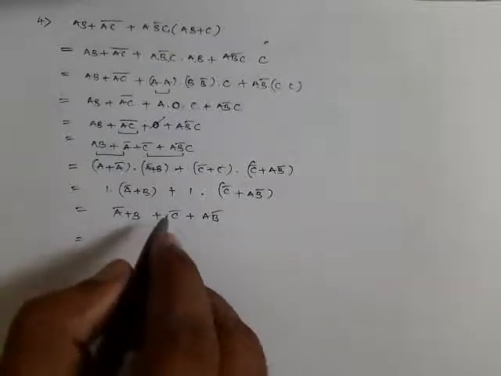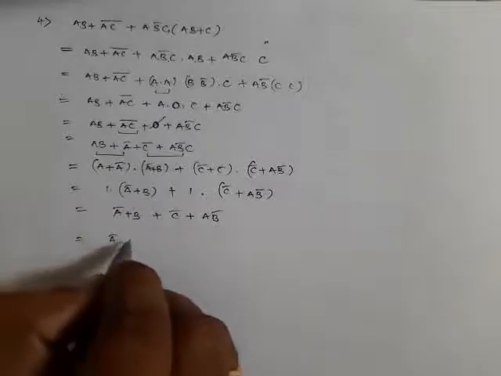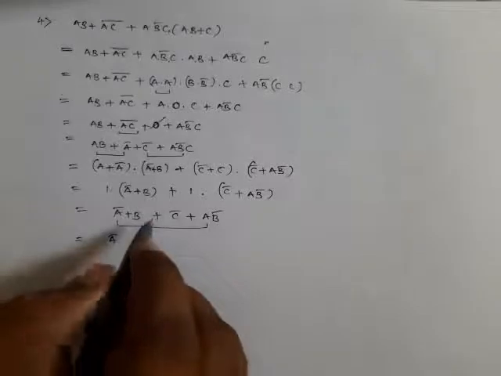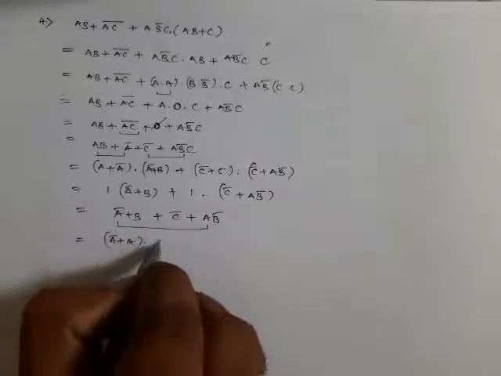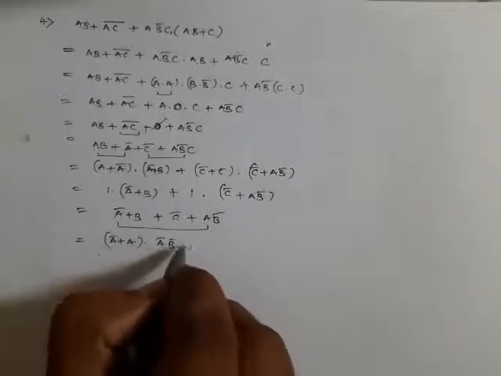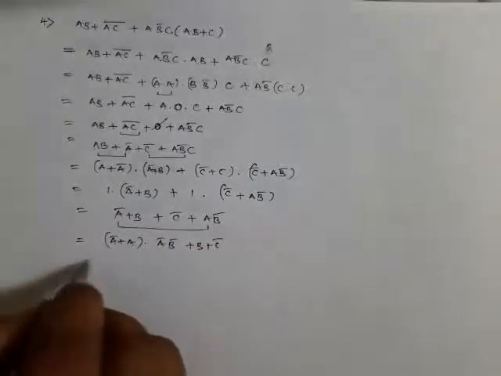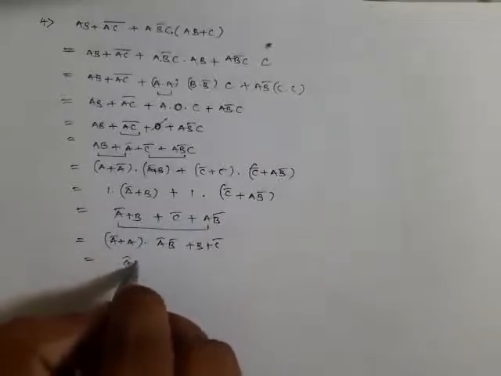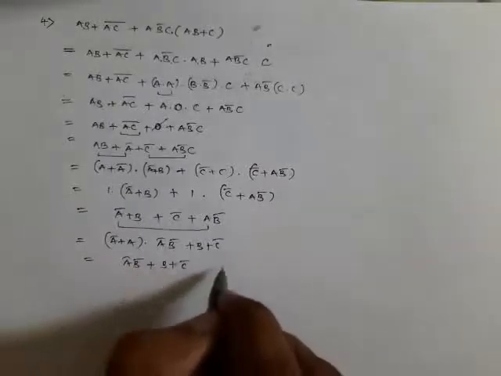And this can be written as A bar, by taking these two terms, again distribute A plus A bar dot A bar B bar plus B bar plus C bar, which equals 1. This is A bar B bar plus B plus C bar.